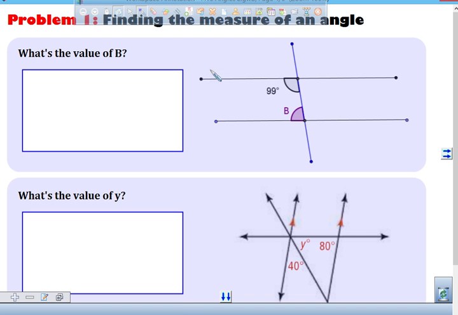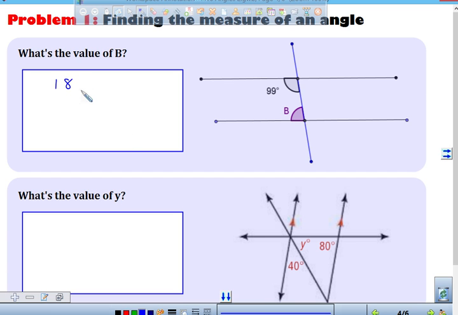Okay? So if I look at these two angles, I have angle B and then an angle that's 99 degrees. Those two angles are what kind of angles? Together, what are they called? Same side interior. And same side interior angles make 180. So if I know one of them is 99, what can I do to find the other?